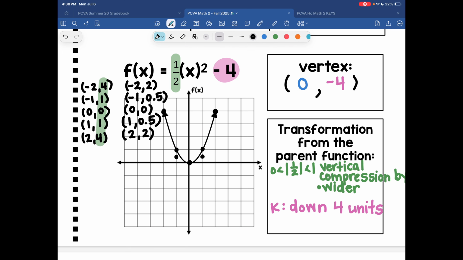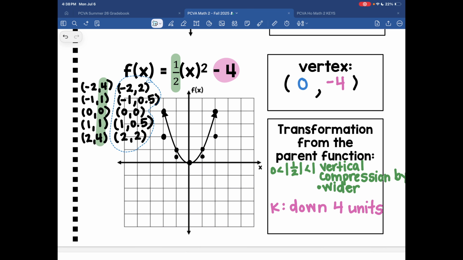Then at +1, we'd have 0.5. And then at -2, I'd have 2, and at +2, I'd have 2. So if I connected all of these, I'm going to shift these over just a second. You can absolutely see that this is going to be wider looking because it's being vertically compressed. Vertically compressed means it's going to look wider.